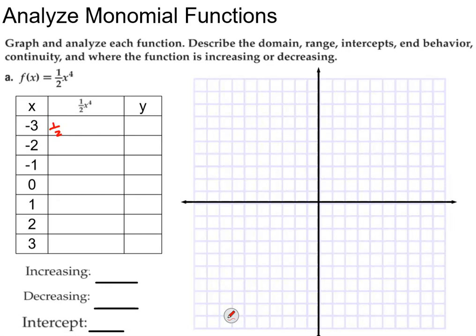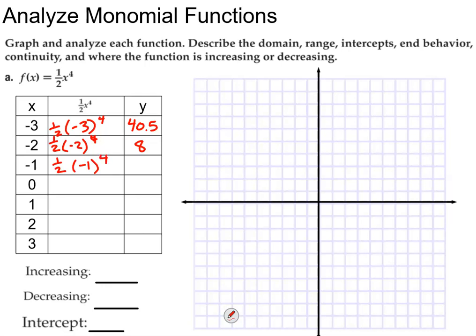So we have 1/2 plugged in, -3 plugged in, cubed, and we're going to get that to be 40.5. And if we plug in -2, -2 to the 4th, that would actually be 16, and half of that would be 8. And we have 1/2, -1 to the 4th.